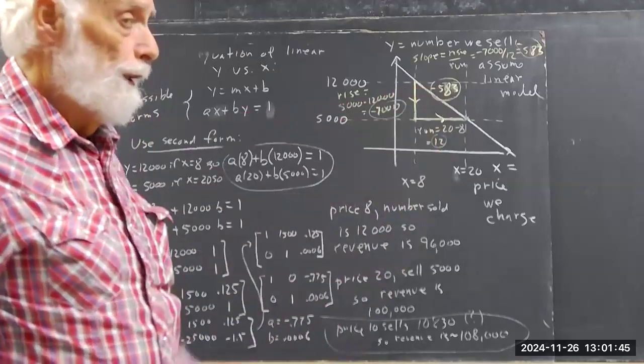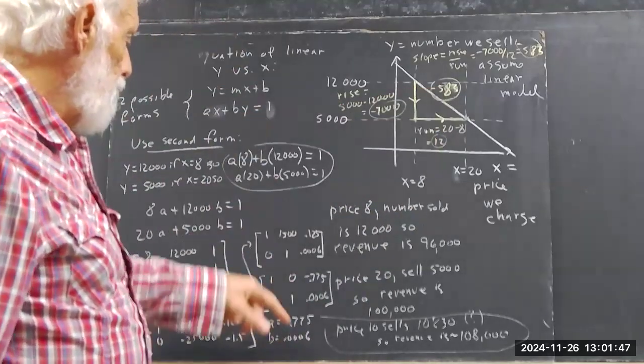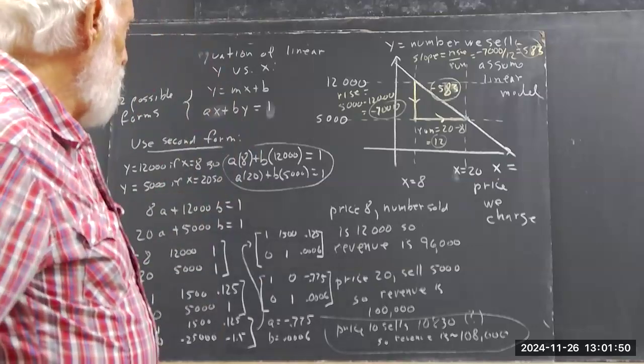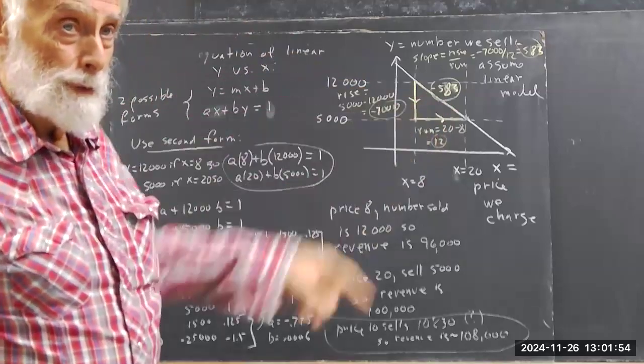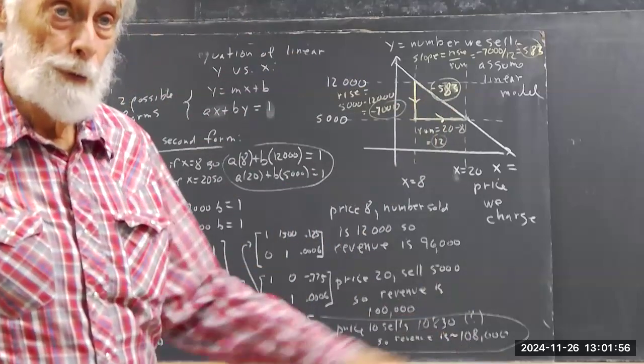Slope is negative 583. When I did this, my slope came out over twice that rate. So again, something went wrong in my matrix reduction.